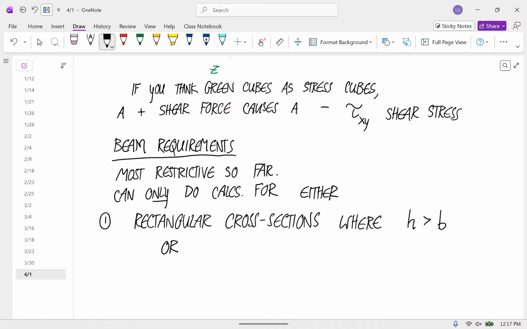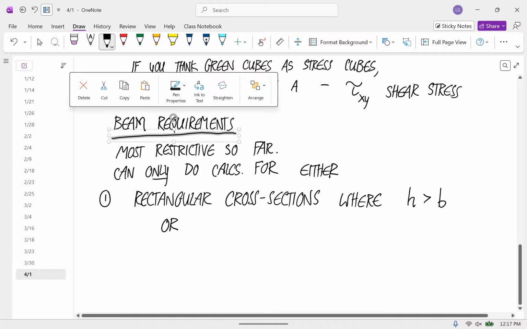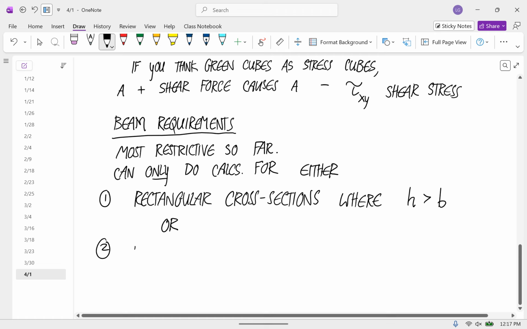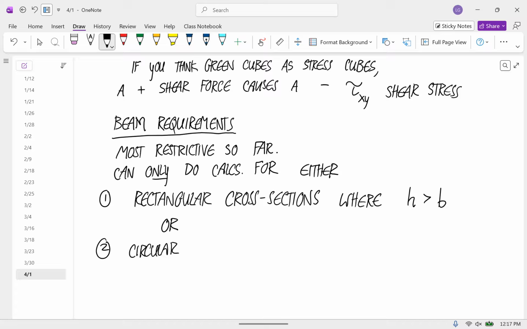The only other place where our calculations are going to work is for circular cross sections, and then only along the neutral axis.